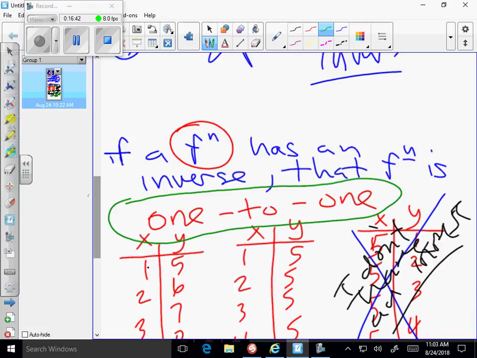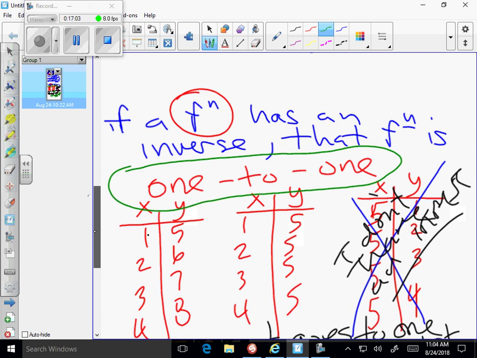If I see on next week's test the directions, is this function one-to-one, you should know I'm saying, does this function have an inverse? Okay? That's what I really need you to walk away with from one-to-one. Does this have an inverse?